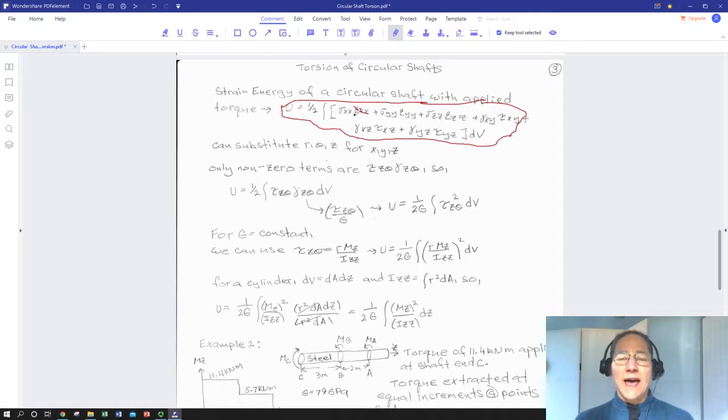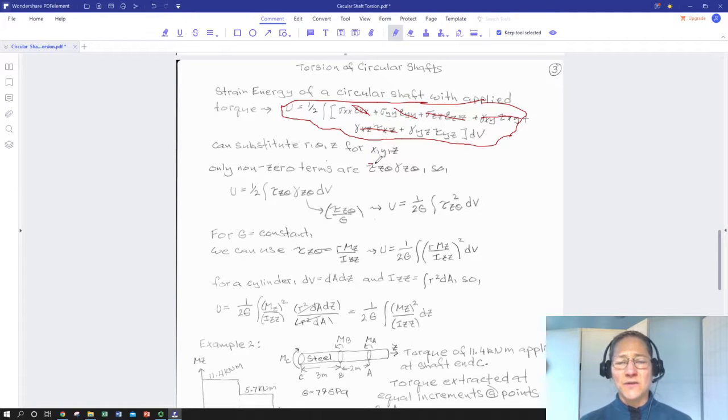So if we were to do that and assume that sigma XX epsilon XX is like sigma RR epsilon RR, we know that the normal strains are all zero for our torsional shaft. So these first three terms go away. And we also know that all but one of the shear strains is zero, which means all but one of our shear expressions go away.